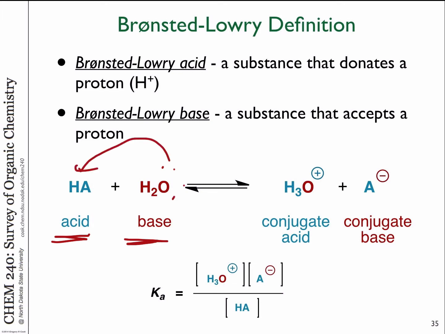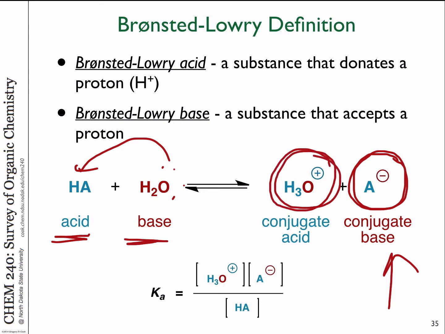On the right side of the equation, the thing that gave up the proton and became negatively charged, that's what we now refer to as the conjugate base. Because to go backwards, that would have to accept the proton, right? And the thing that had accepted the proton, now positively charged, in this case H3O plus, hydronium ion, that's what we refer to as the conjugate acid.